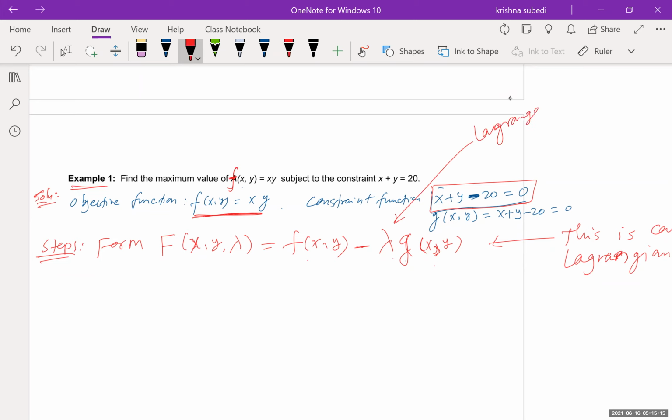So our function F of x, y, lambda equals xy, because our f function is simply xy, minus lambda times x plus y minus 20, because g of xy is x plus y minus 20. I just copy that down. Step 1 is done. Any questions so far?